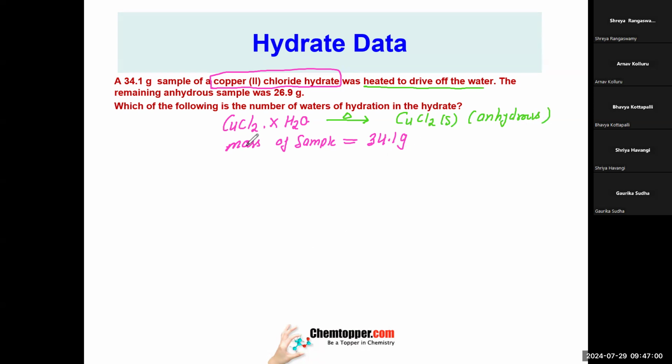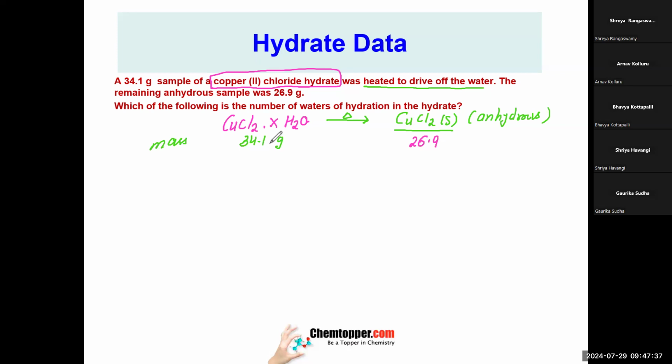So the mass of the sample is 34.1 gram. These are the masses. How much mass of the CuCl2 is left? Yes, what is the mass of CuCl2? The anhydrous sample is given in the question: 26.9 gram. Bhavya, you are with me? Yeah, good.